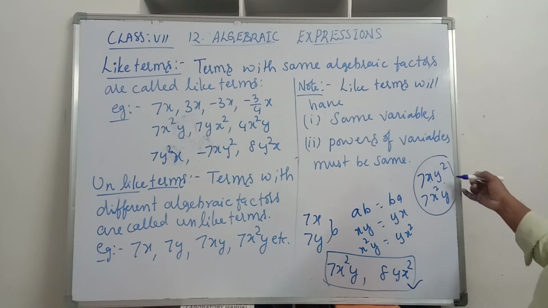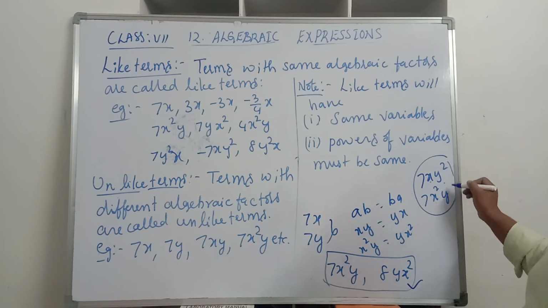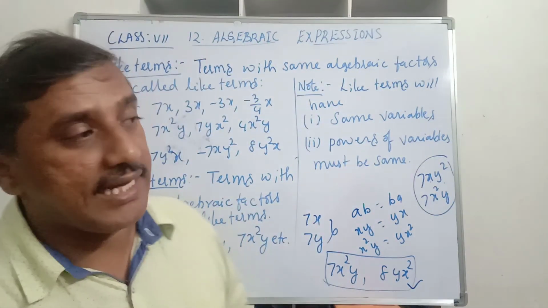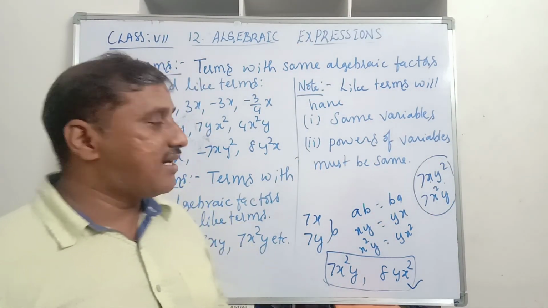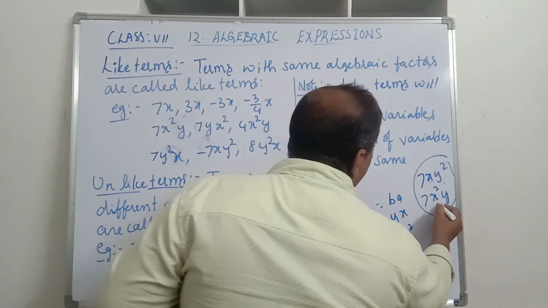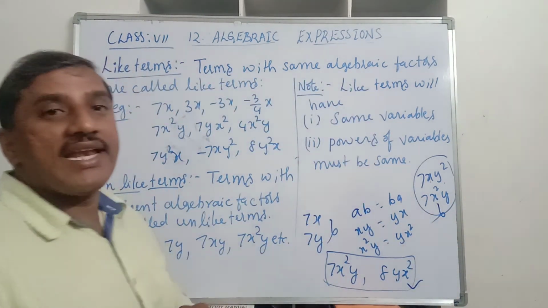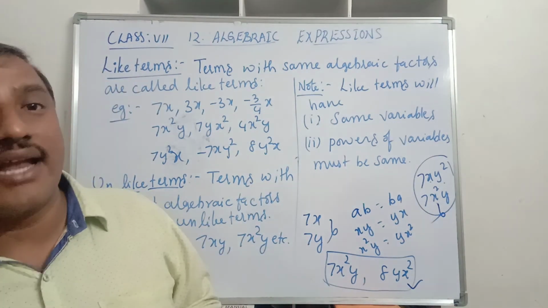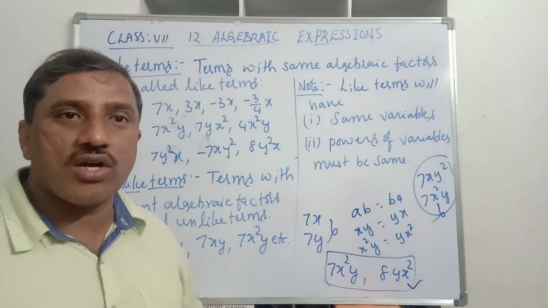Powers are different. In the first term the power for y is 2 and in the other it is 1. So though the variables are the same, their powers are different. Again these two terms are unlike terms. Like this we can easily identify whether they are like terms or unlike terms. Is it clear, children? Yes.